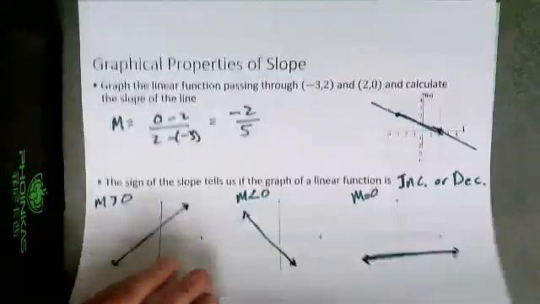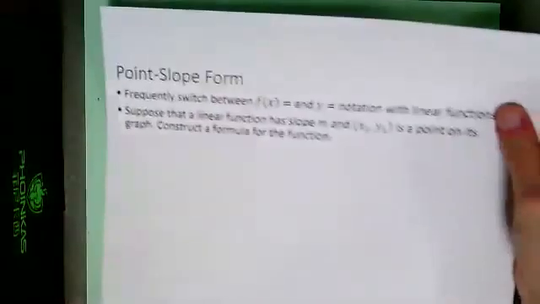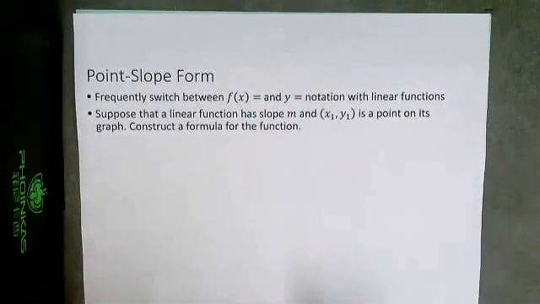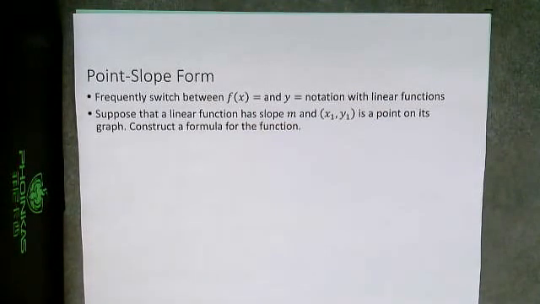Now let's get into some point slope form. If the paper actually works with me, we'll get into point slope form. There we go. So we frequently switch between f of x equals and y equals notation with linear functions. So that's a thing. So let's first work with y equals first and find out what the point slope formula is.